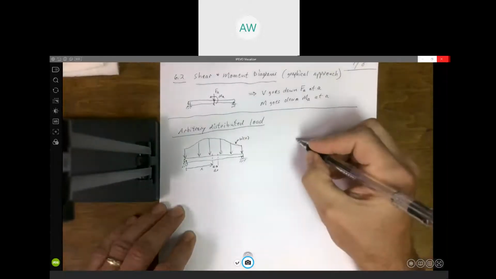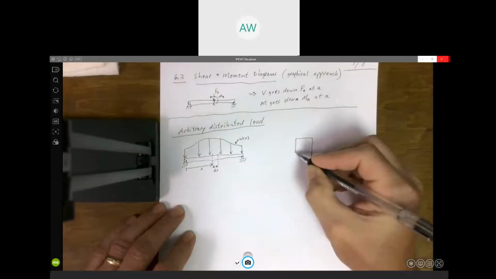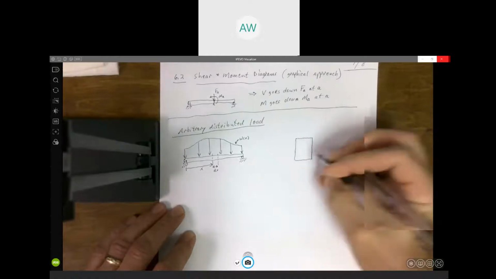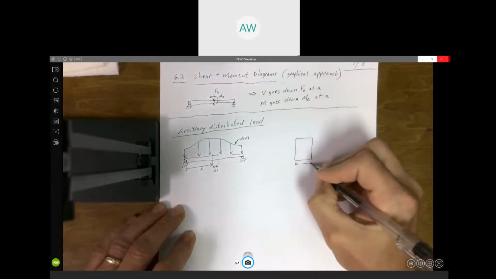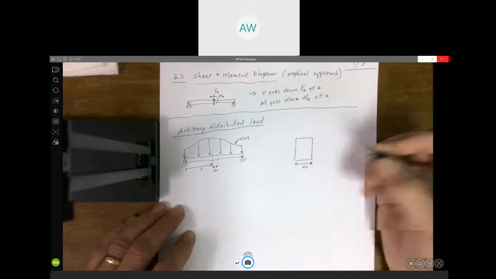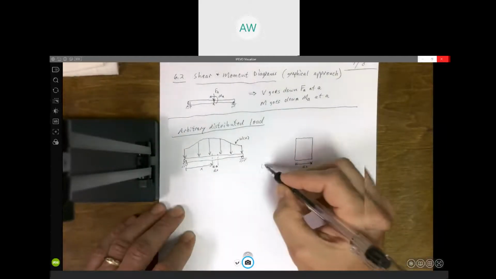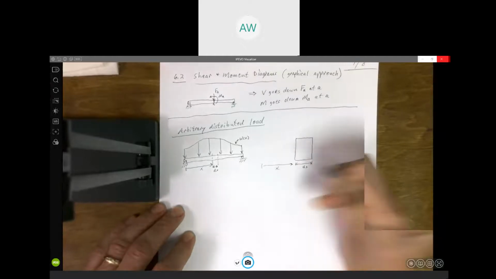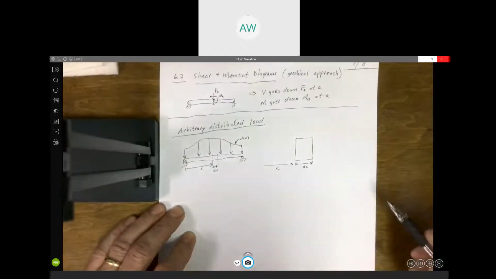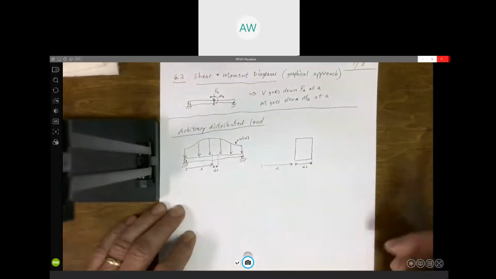And so I'm going to come over here and draw a bigger blown up picture so we can see this a little better. All right, so this is our little piece of beam that we're some arbitrary distance x from the end of this beam, and we're going to look at this little section.